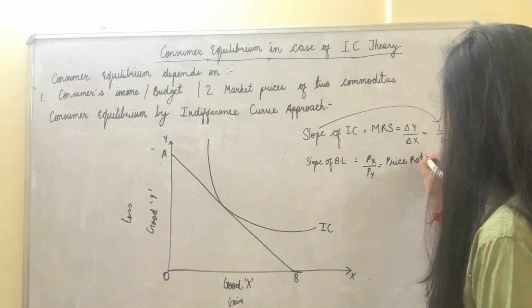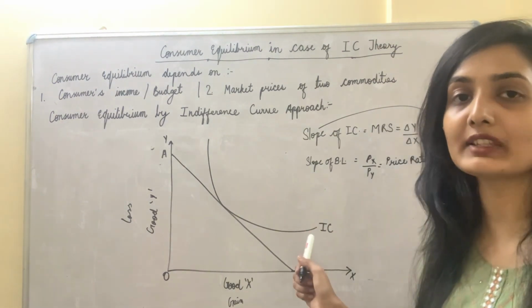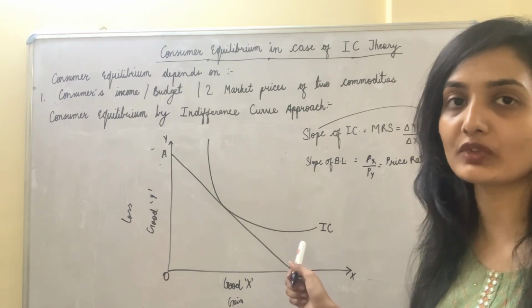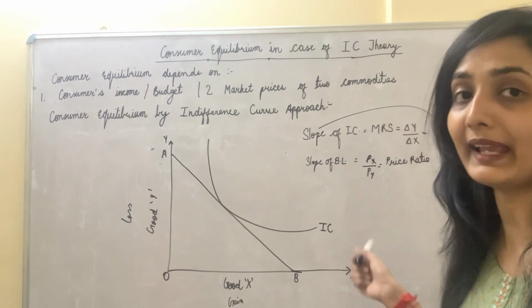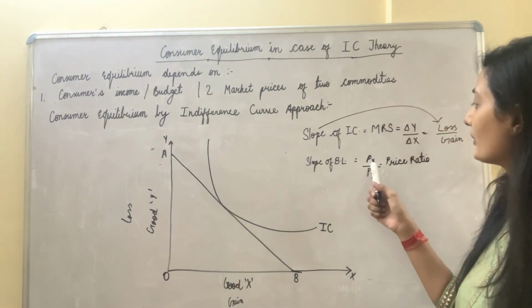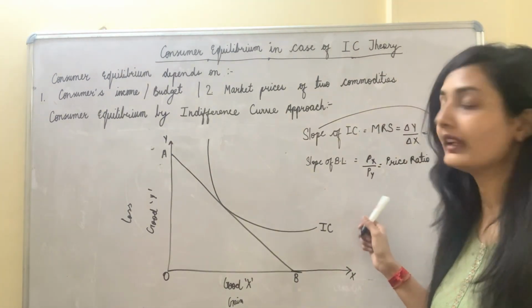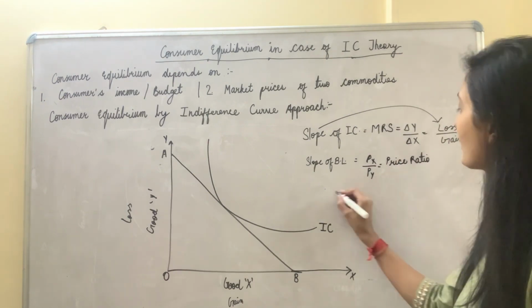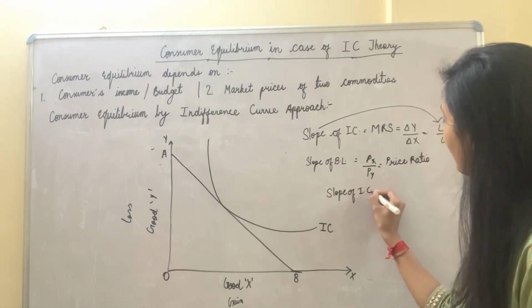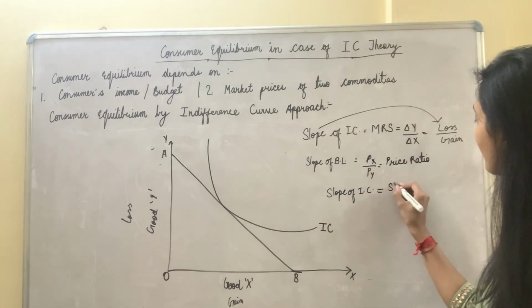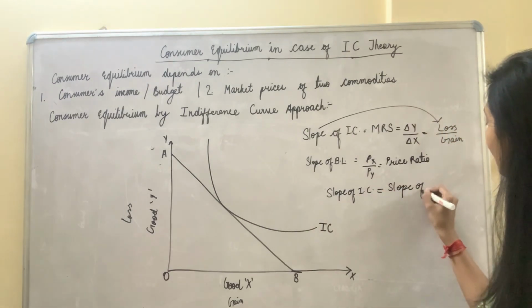As we have discussed, budget line slope is represented by the price ratio, and price ratio is price of good x upon price of good y. So it should be equal: slope of indifference curve should be equal to slope of budget line.